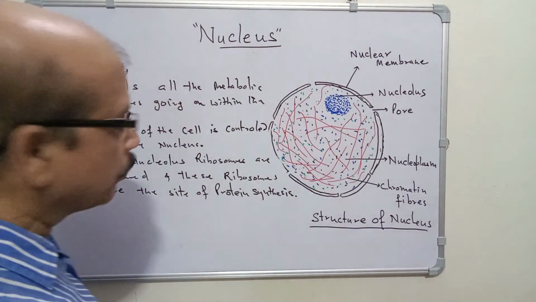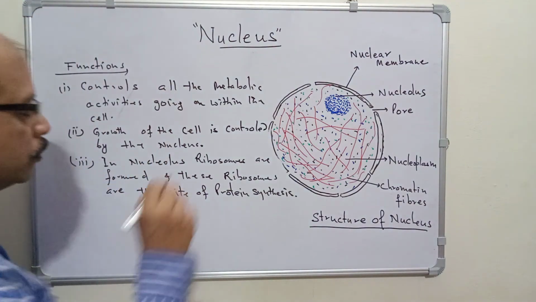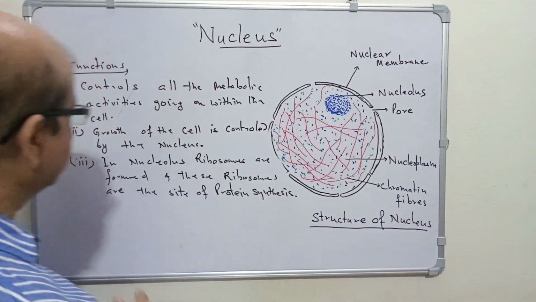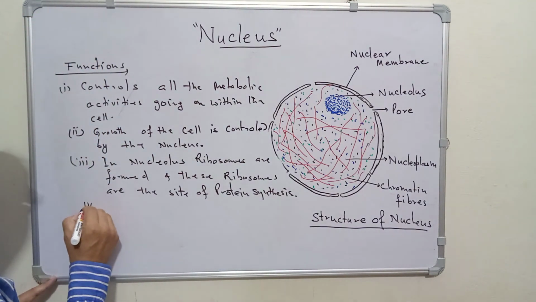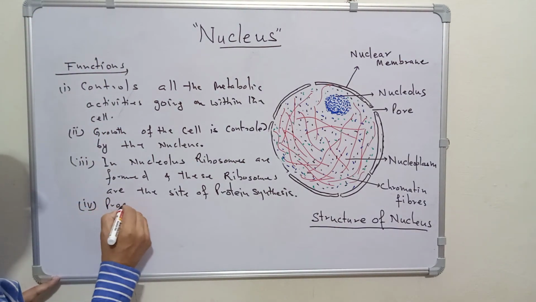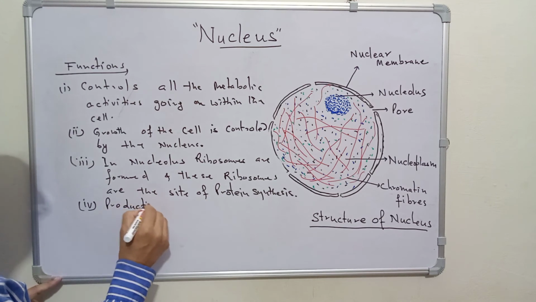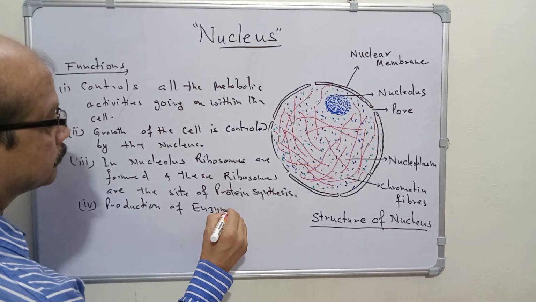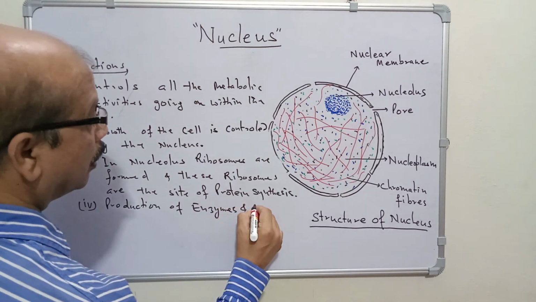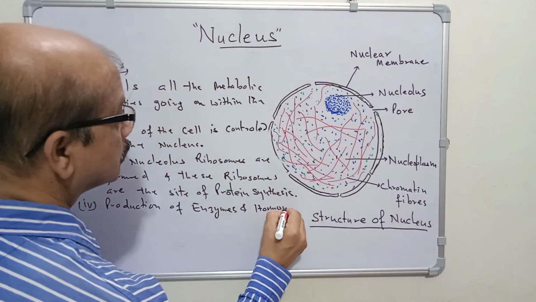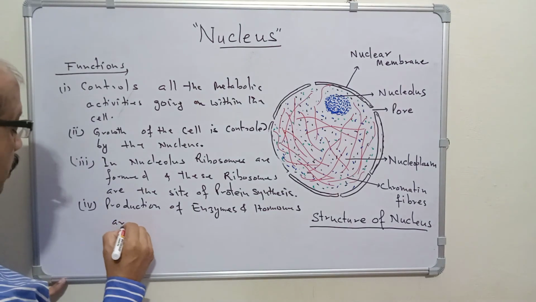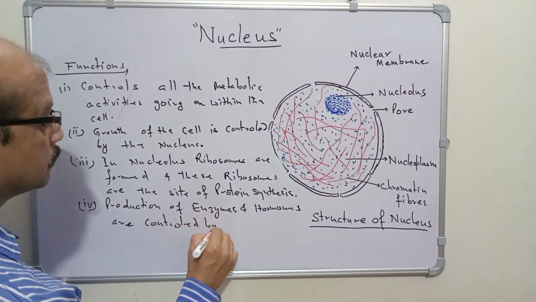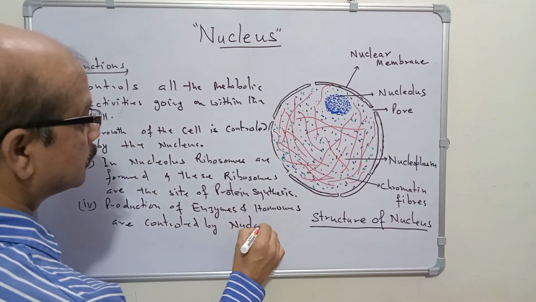So, synthesis of protein is controlled by nucleus, and all the enzymes and hormones are proteins. So, production of enzymes and hormones are controlled by nucleus.